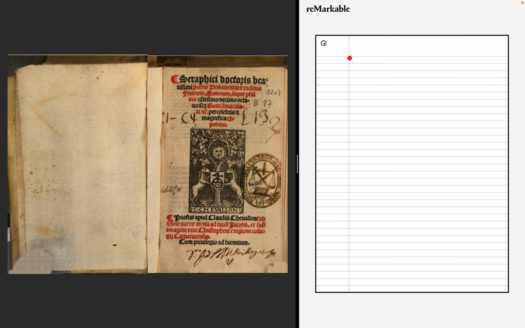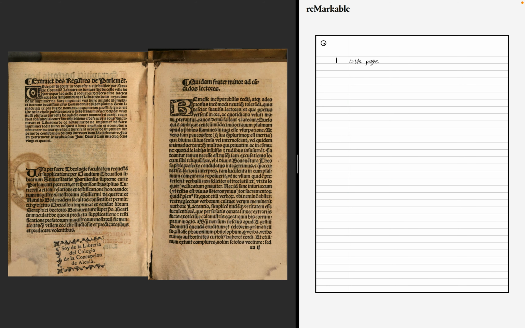So we start with the title page. Great. And this is basically page 1. Another piece of book anatomy that we have to talk about is these books are counted in leaves, or sometimes they're called folios, but this title page is actually on the same leaf as this page right here that starts with Extract des Registres de Parlement.